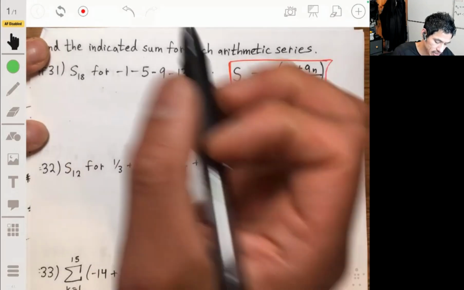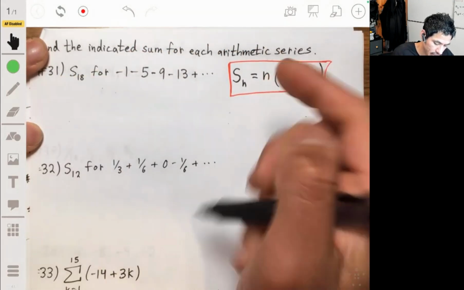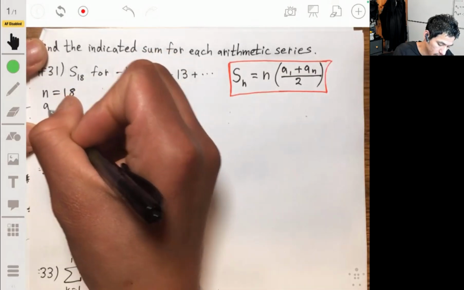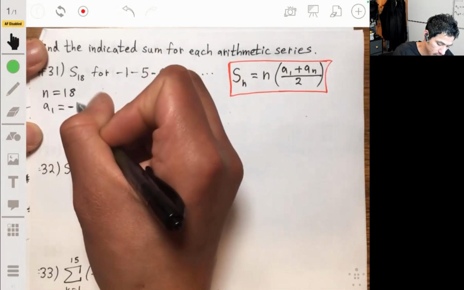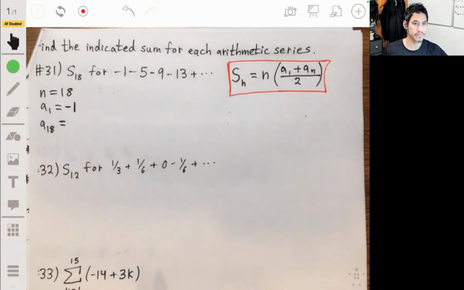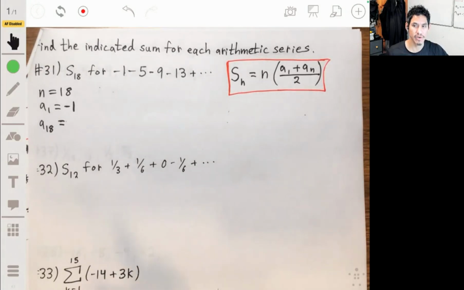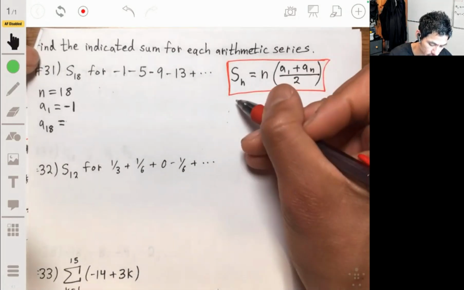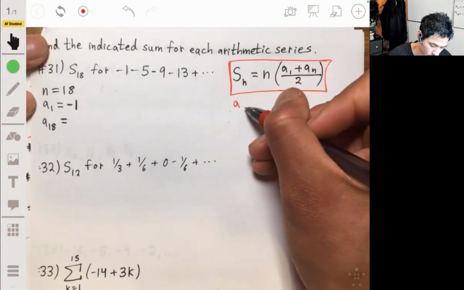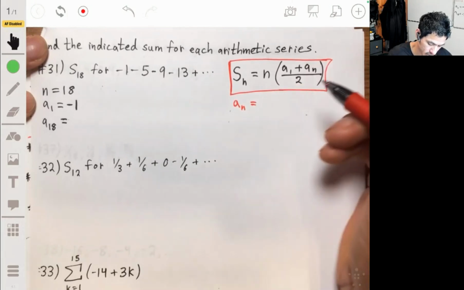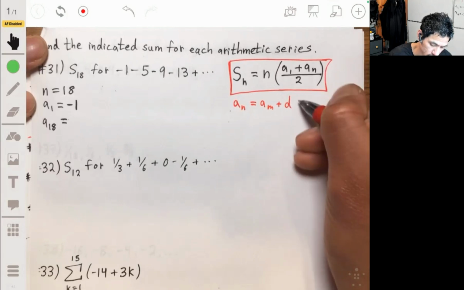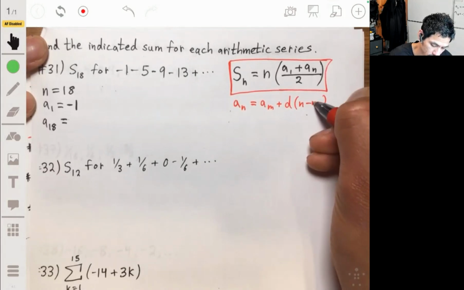Okay, here we want to find S18. So our n is going to be equal to 18. A1 will be equal to negative 1. And then we have to find A18. So for that, we can refer to our formula for the nth term, where An is equal to Am plus d times n minus m.